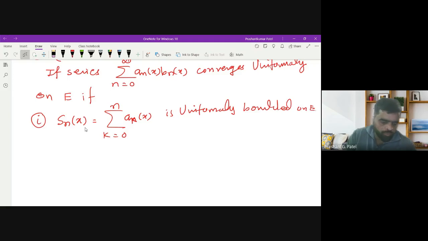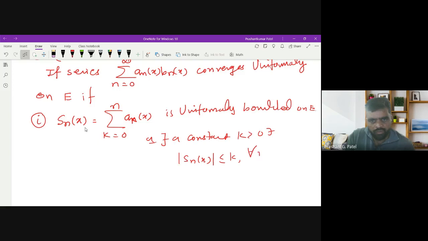That means there exists a constant k greater than 0 such that mod of Sn of x is less than or equal to k for every n and for every x in E. This is known as uniformly bounded. That means the partial sum of the series of an is a bounded sequence.